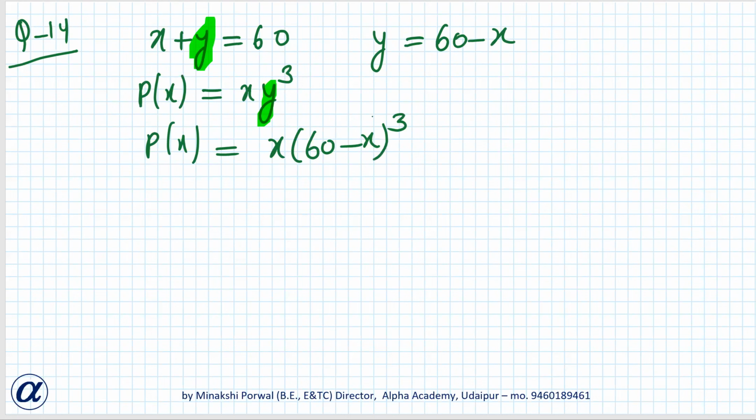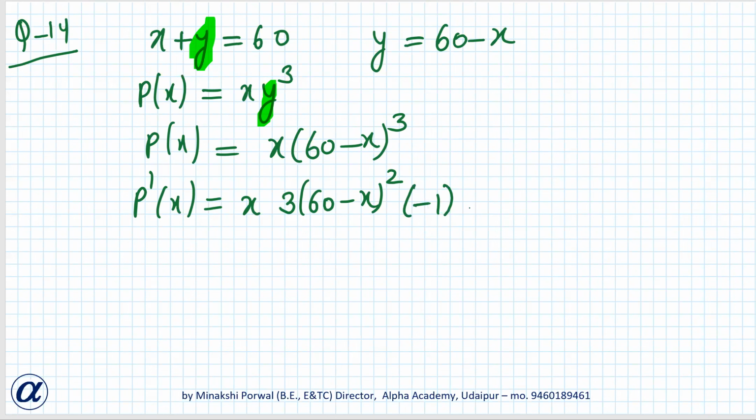Now we have to maximize P(x). So we'll first of all differentiate it. P dash x is first into d by dx of second plus second into d by dx of first. Putting P dash x equals 0 to obtain the critical point.